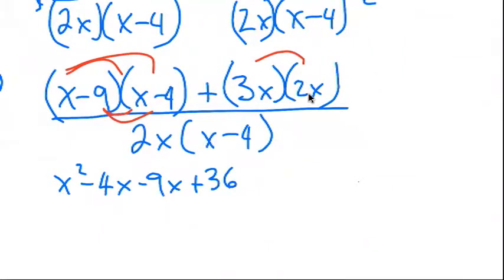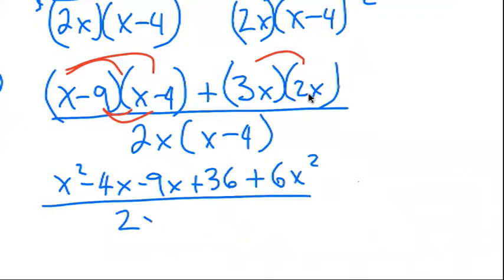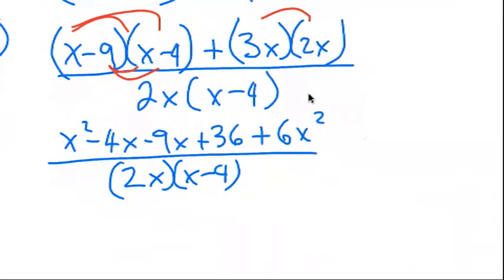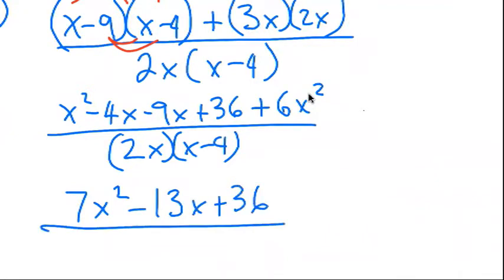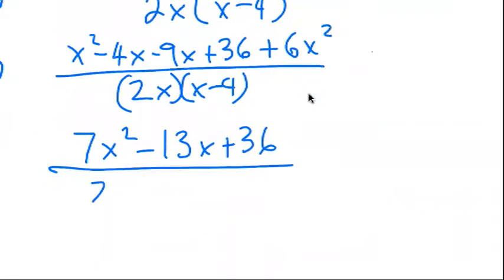And then 3x times 2x is plus 6x squared, all over 2x, x minus 4. Combining like terms, x squared and 6x squared is 7x squared, minus 13x, plus 36, all over 2x, x minus 4.